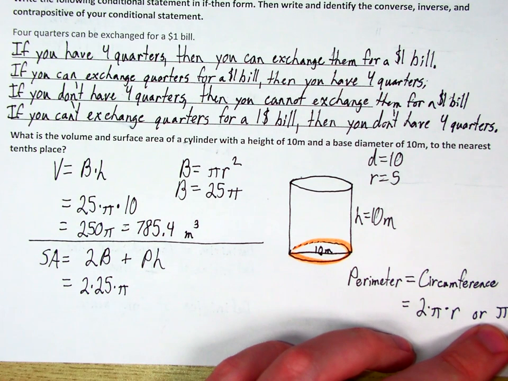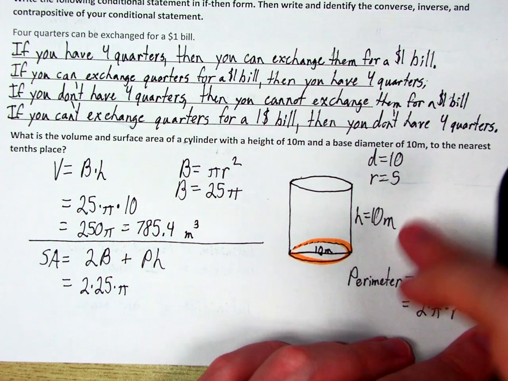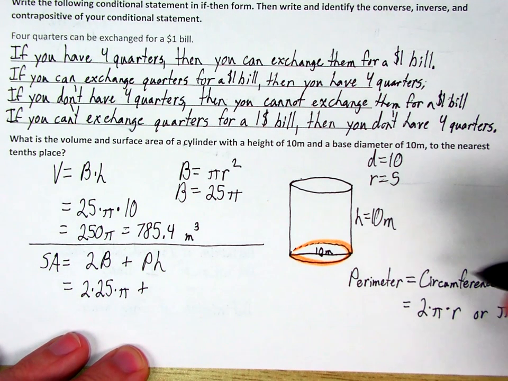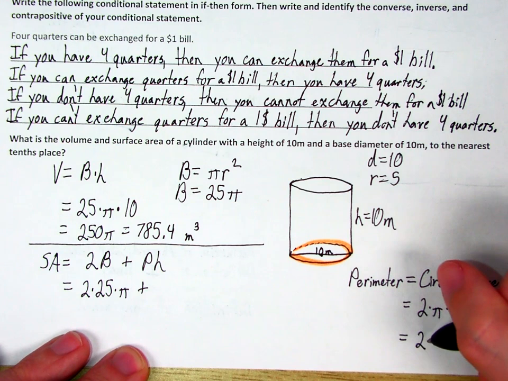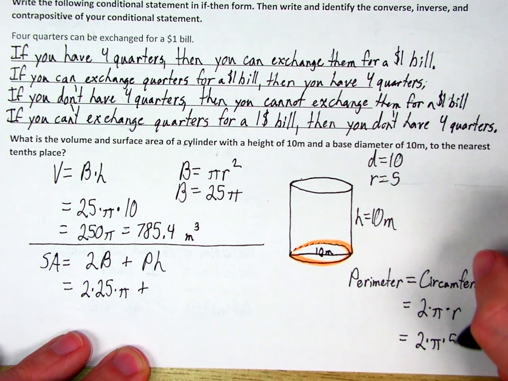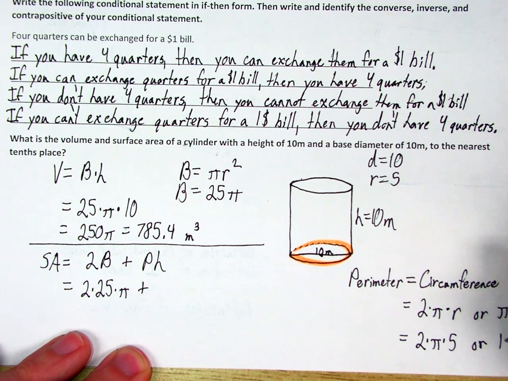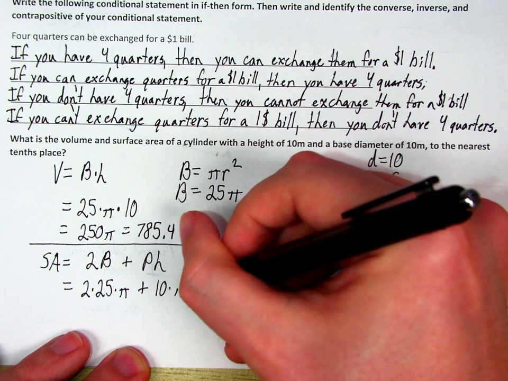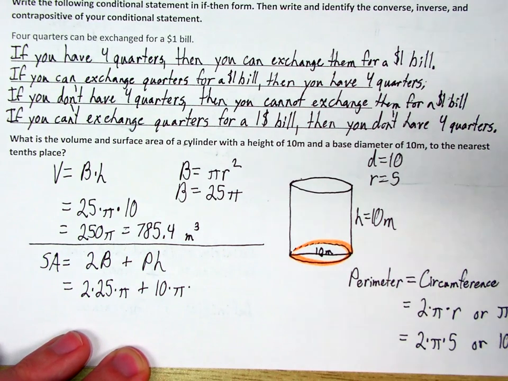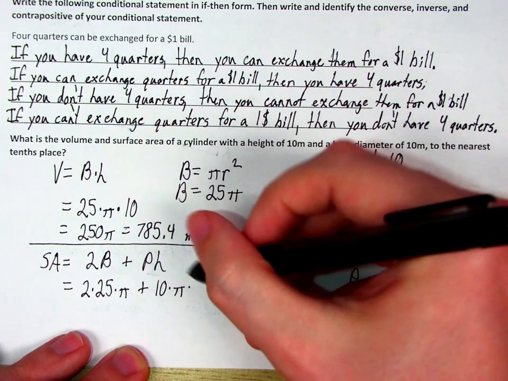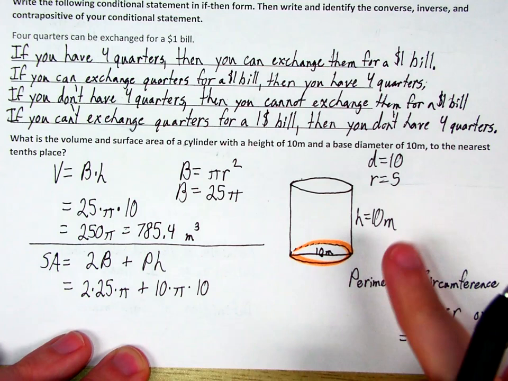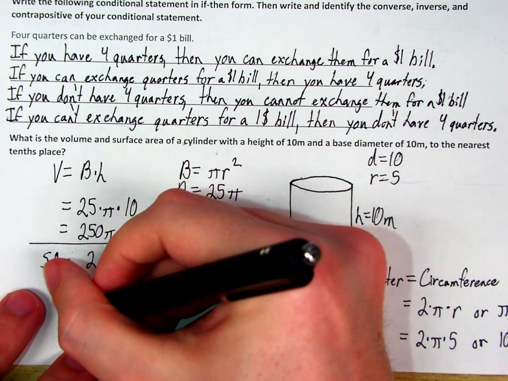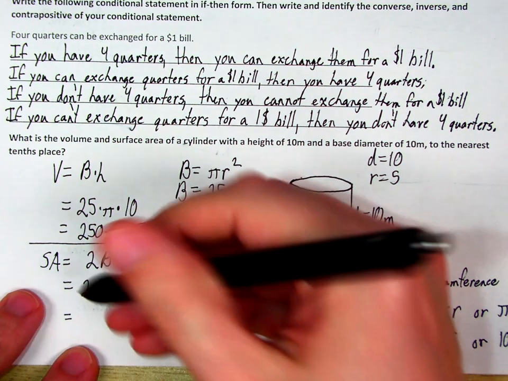Luckily, pi times the diameter, we know the diameter is 10. So we get to replace P with 2 times pi times 5, or in this case, 10 pi. We'll have 10 times pi times, now we need the height of the cylinder. It's 100 meters, sorry, it's 10 meters. So we can do a little bit of simplification. This will be 50 pi.